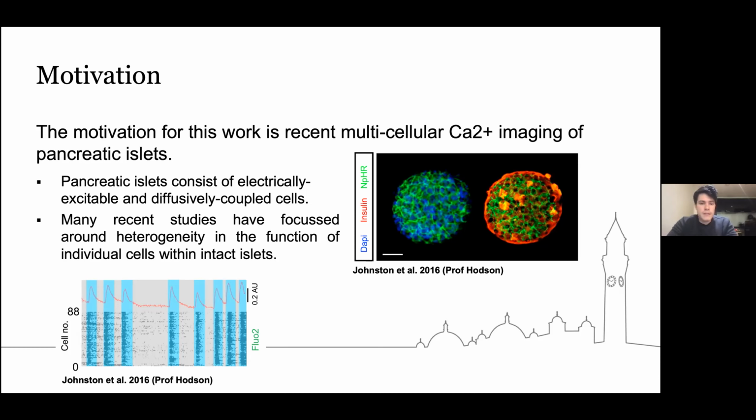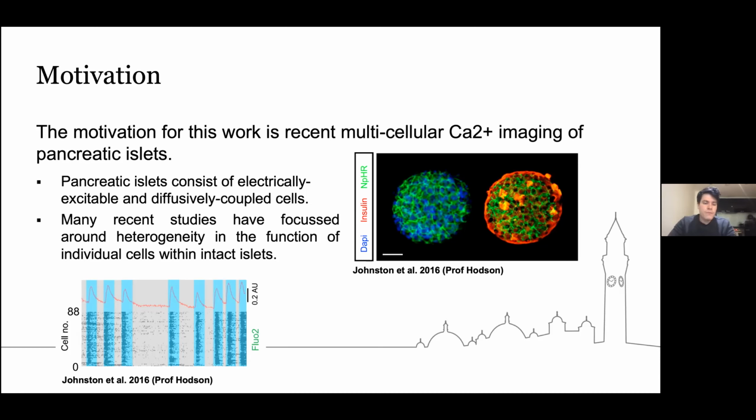However, more recently, there have been several experiments using multicellular calcium imaging. So this is looking at the calcium activity of single beta cells and groups of single beta cells within an islet, as well as the ability to genetically manipulate, excite or inhibit single cells, or target single cells or groups of single cells within the islet. This has made a lot of progress recently.